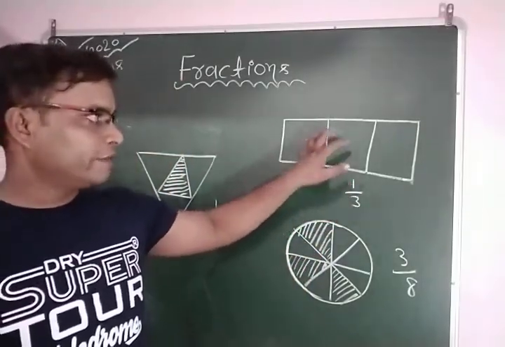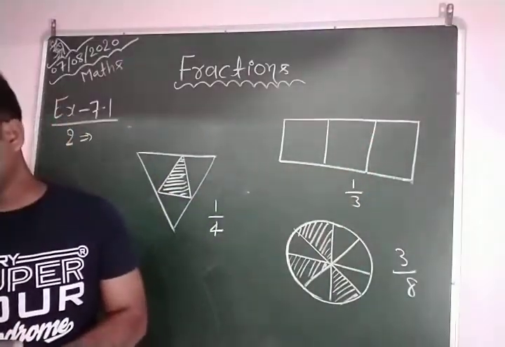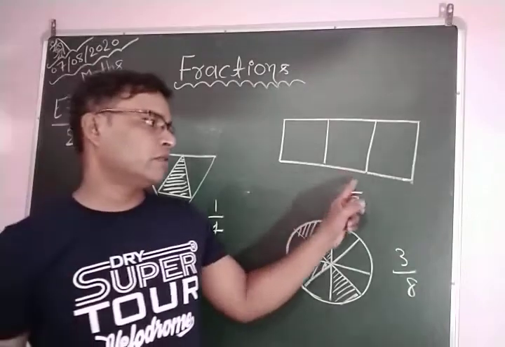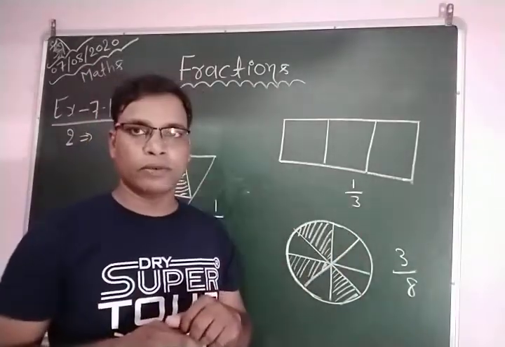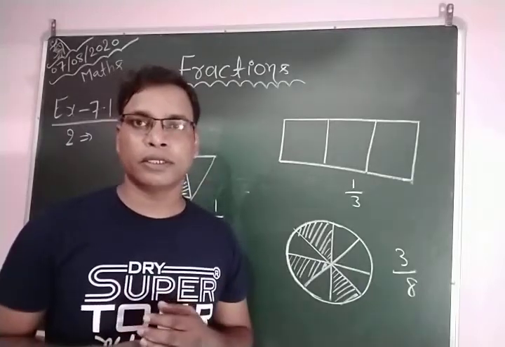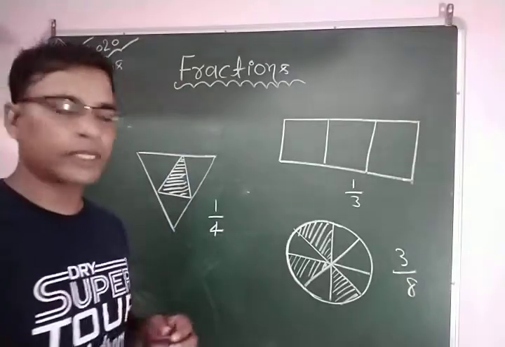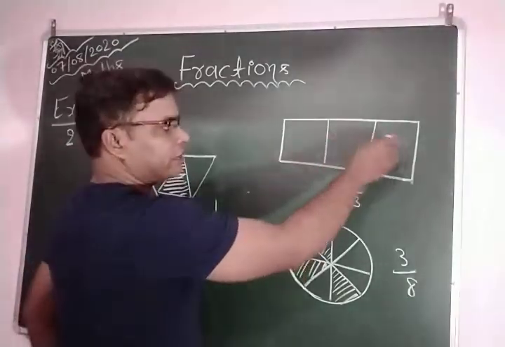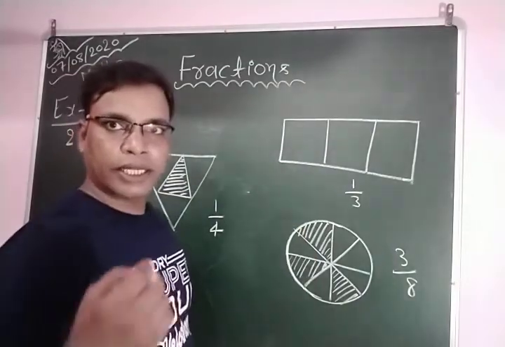This is the figure given, and the question is to color the part according to the given fraction. The fraction is 1 by 3. So students, tell me how many parts we color here? One part or 3 parts? One part. So one part we color here. Any one part, because each part is equal, so we can color any one part.